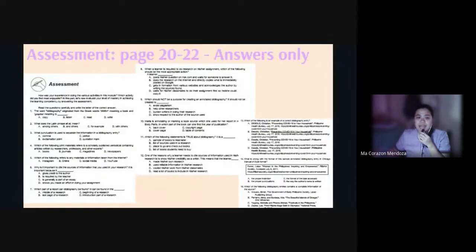Now, please answer the assessment as well from pages 20 to 22, answers only. I know that the questions might be the same as the ones that you have already answered earlier, but please, honesty is the best policy. Please answer them with all your heart, with integrity.